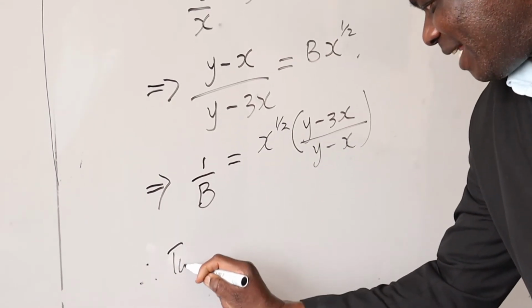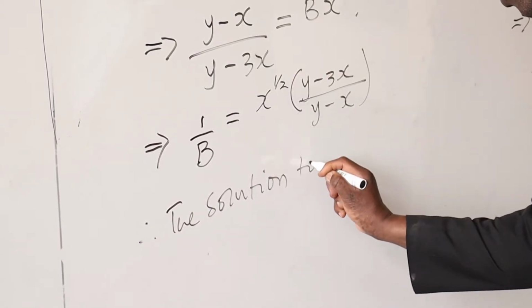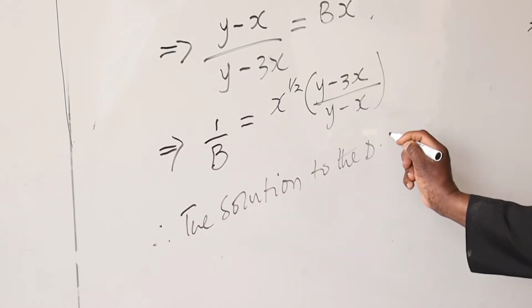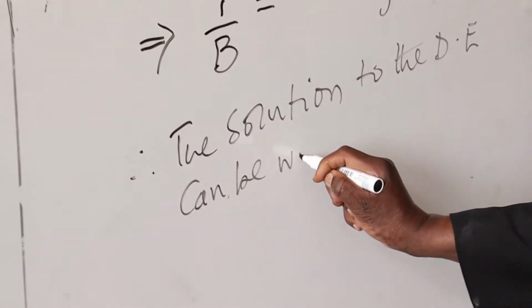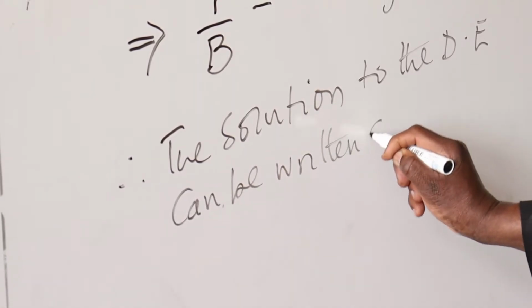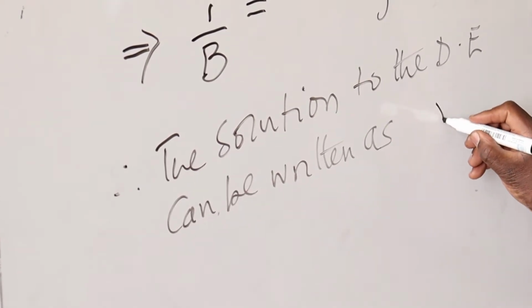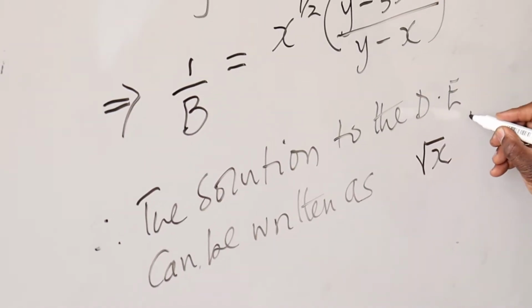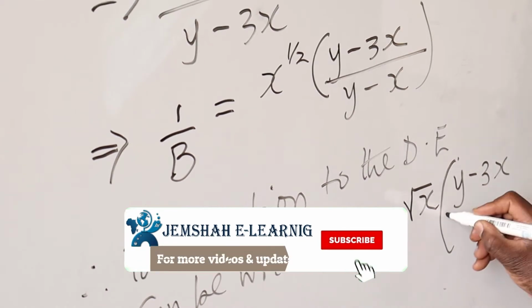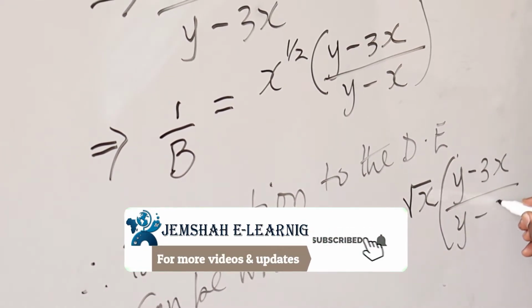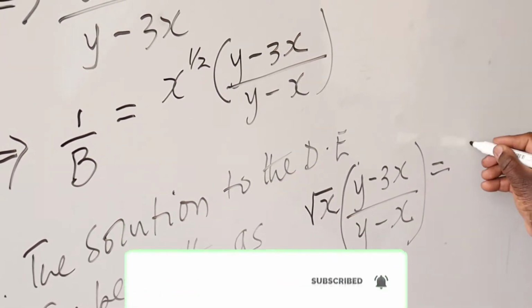Therefore, the solution to the DE can be written as root x into y minus 3x all over y minus x. This one being equal to a constant c.